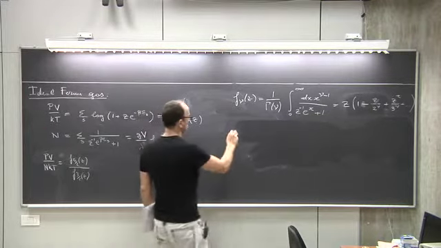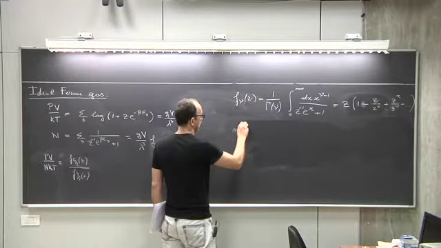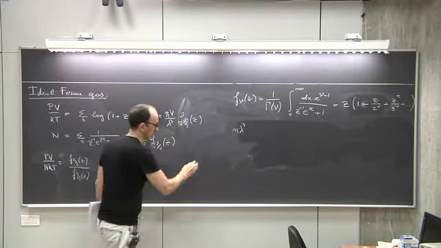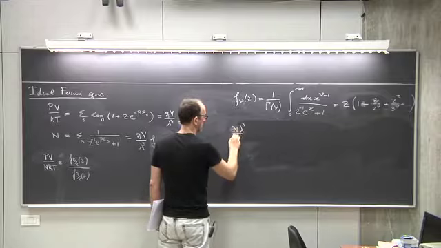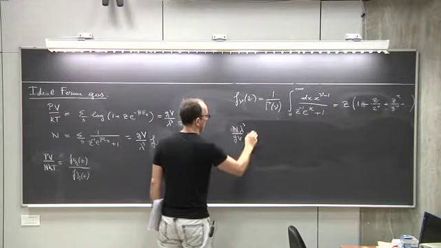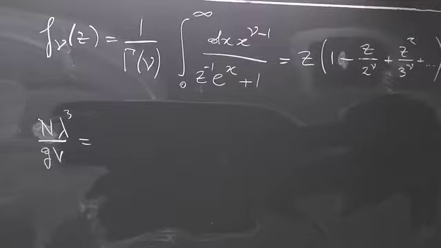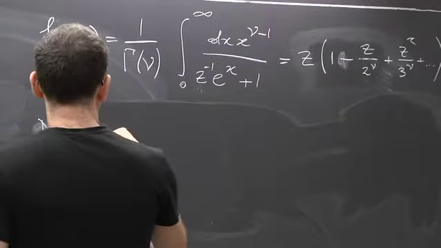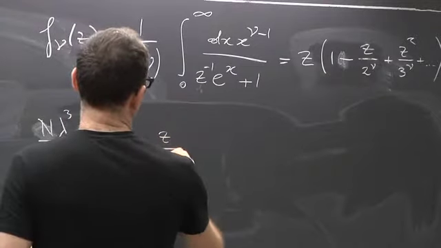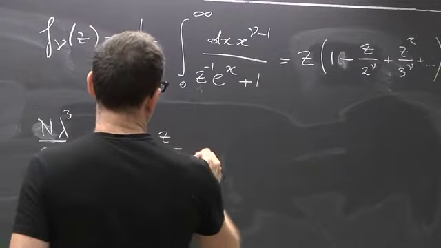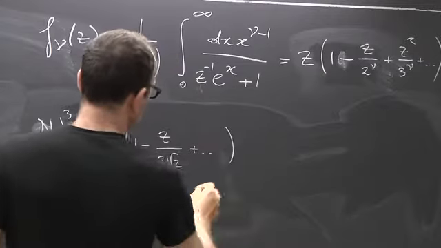So we have that n, the density, is equal to f 3 halves, from here. So it will be equal to z times 1 minus z over 2 square root 2, plus higher order terms.